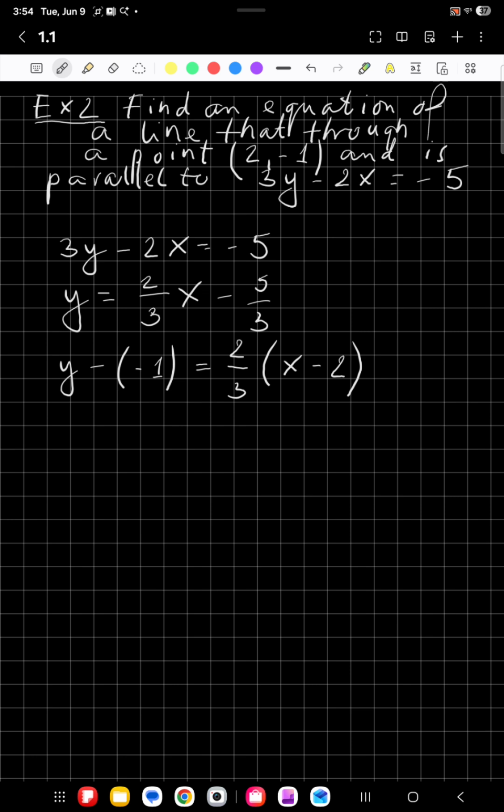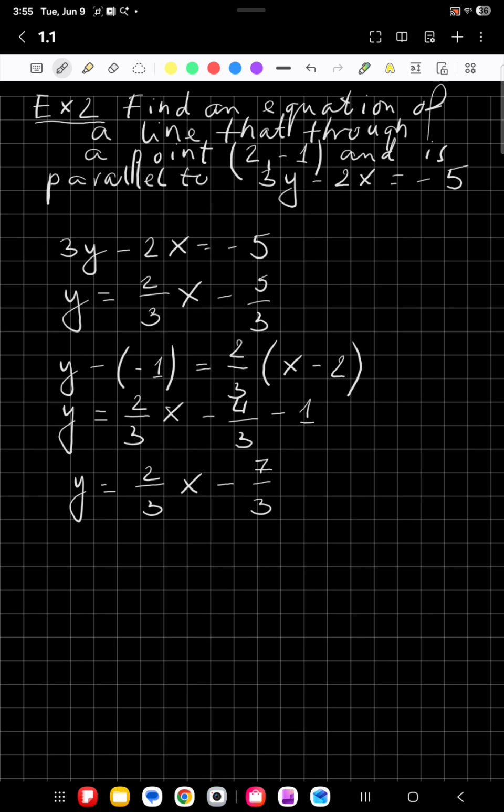Right, so again, we'll have y equals 2 thirds x. And then I have minus 4 thirds. And it came from distributing that 2 thirds to both of them. And then we have minus 1. Okay, so y will be 2 thirds x minus, what is that going to be, 7? 7 thirds.